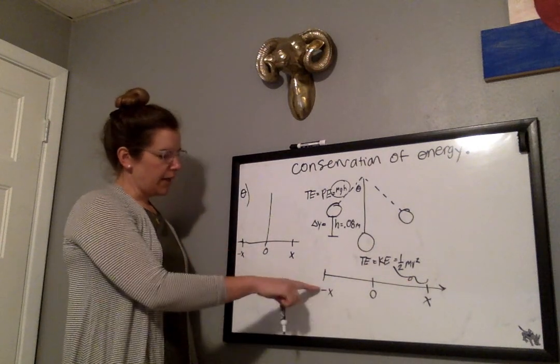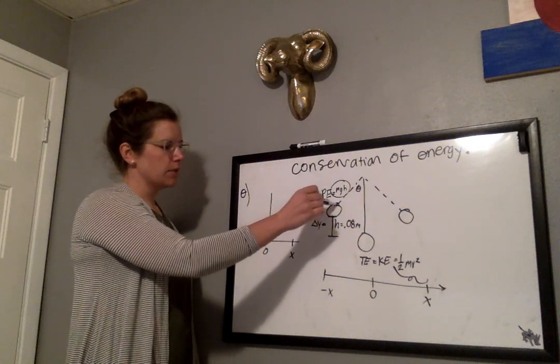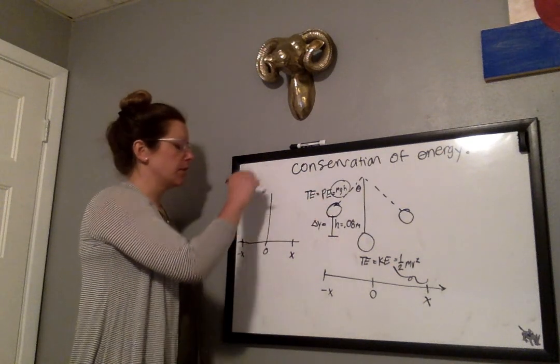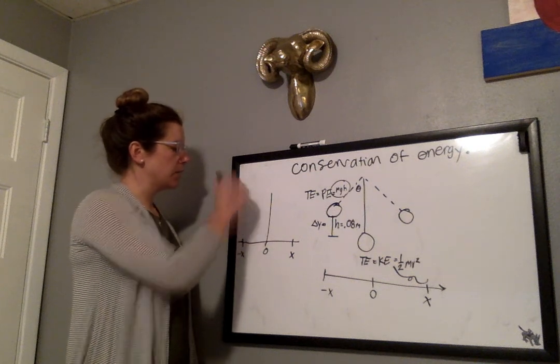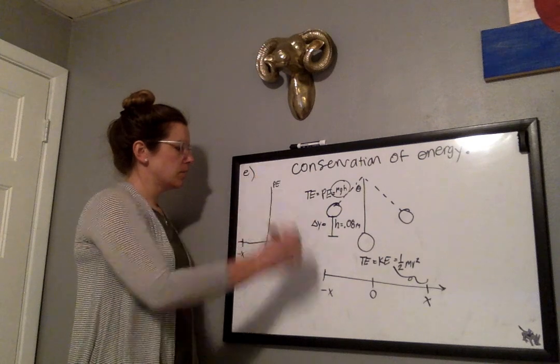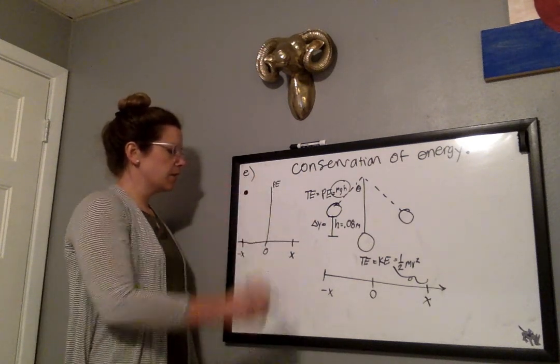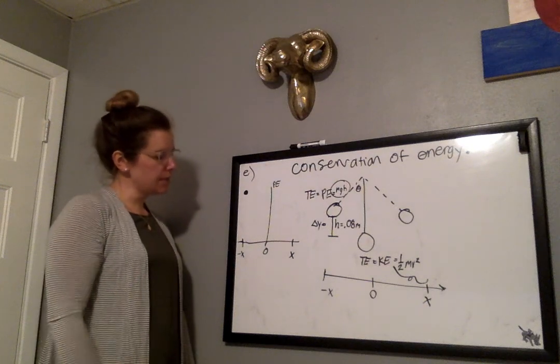At negative x in its horizontal direction, all of the energy is in the form of potential energy. It's going to be at its highest point. So here is potential energy. Negative x has lots of potential energy, the most it'll ever get.